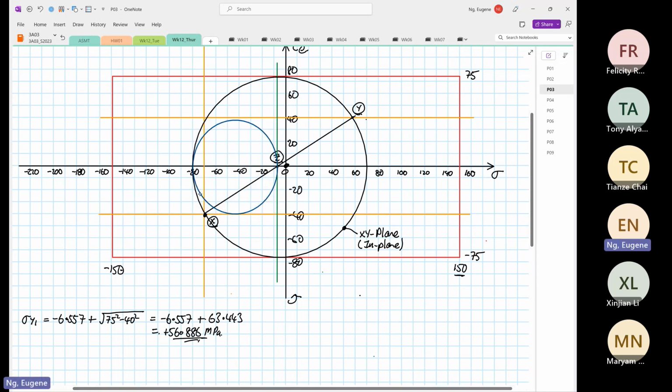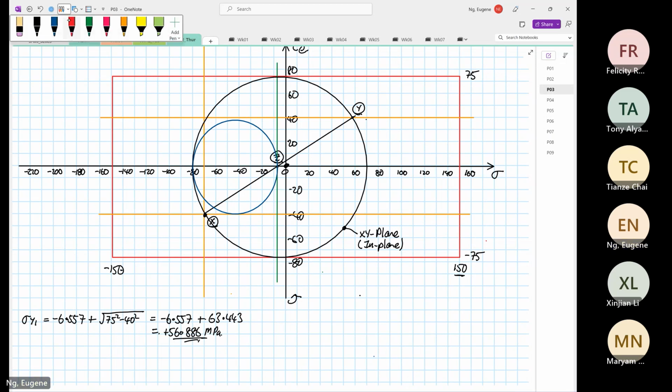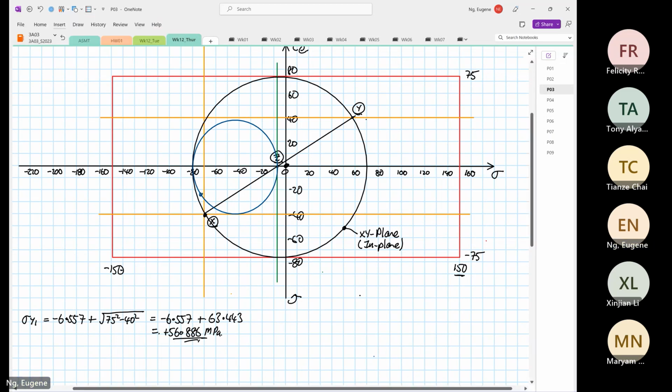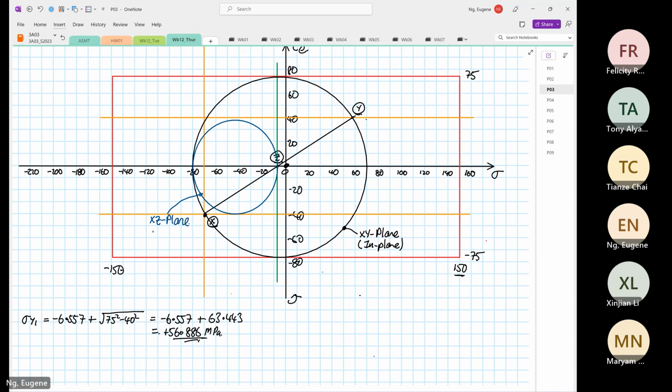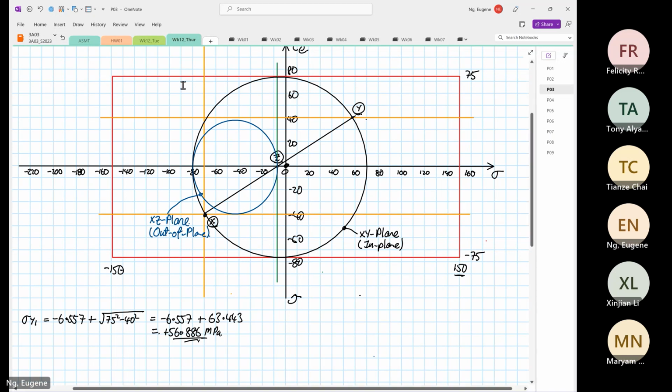For this case, this belongs to your XZ plane, which is your out of plane. And then the third one, okay, this is better.